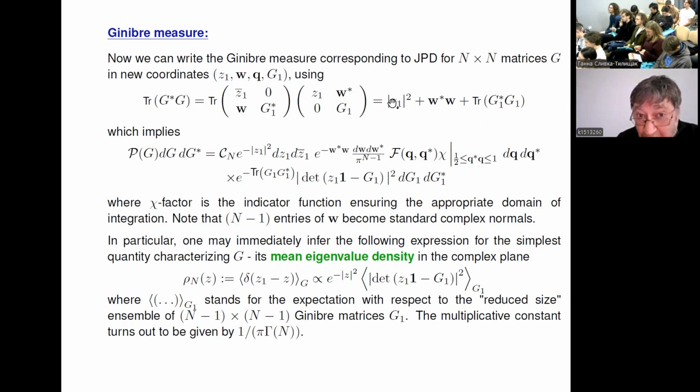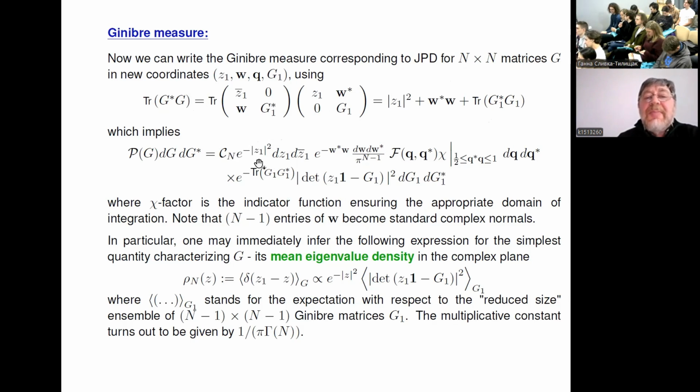It will be just the sum of the modulus of the eigenvalue squared, the modulus of this vector squared, the squared norm of this vector, and then the trace of the remaining part. So I write it explicitly now in new coordinates.